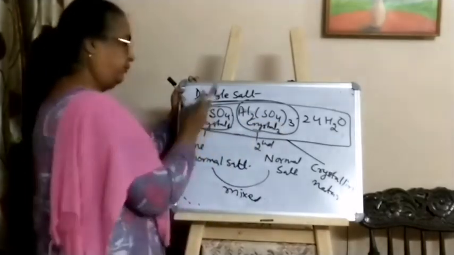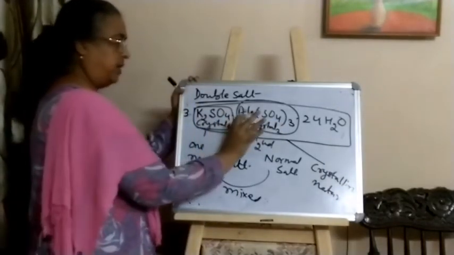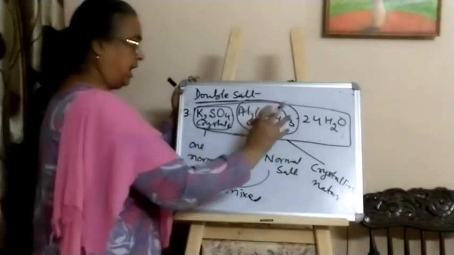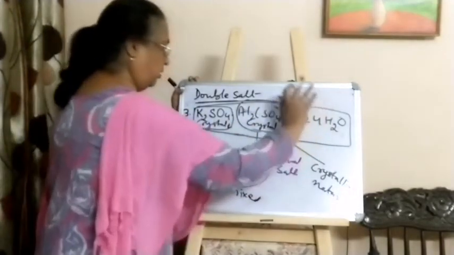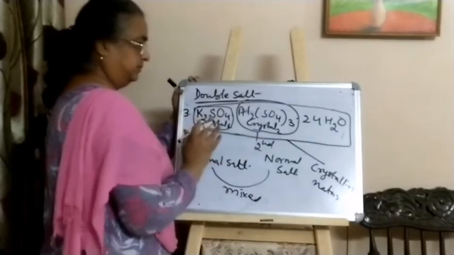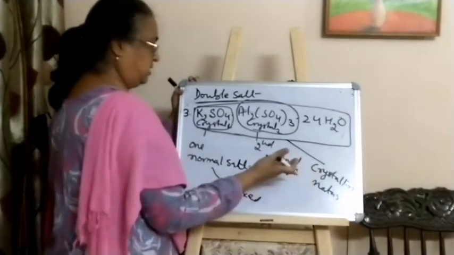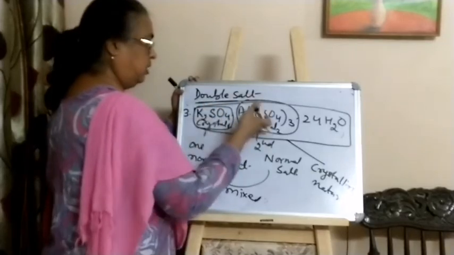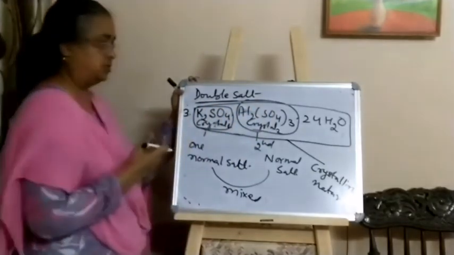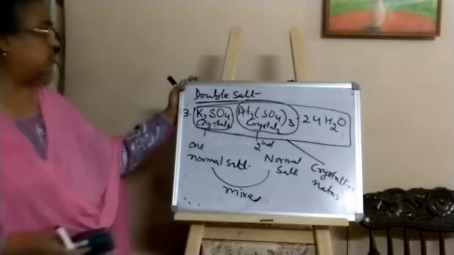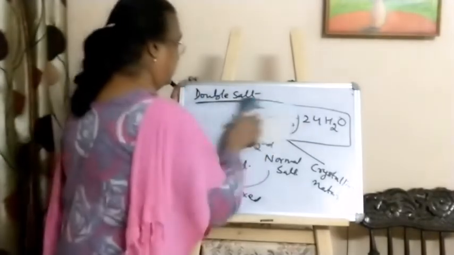This may have one shape of crystal, this may have another shape of crystal, and when this compound, potash alum, is formed, it will also have a crystalline structure, but that crystalline structure will be different from these two crystalline structures. It will have its own set of properties.